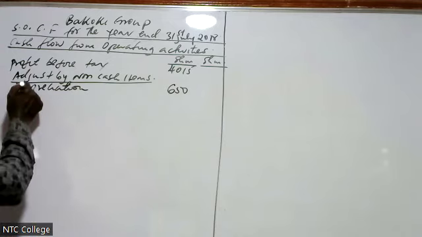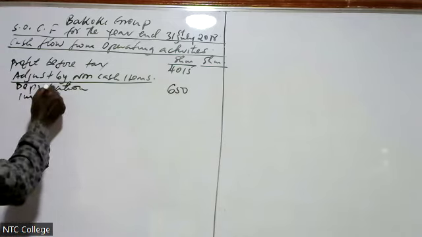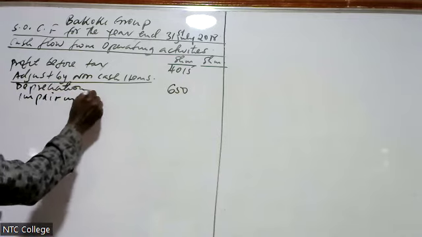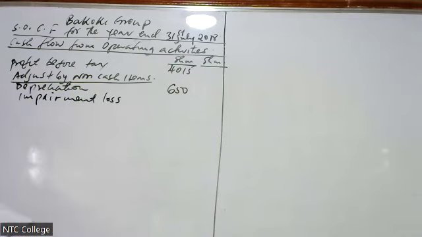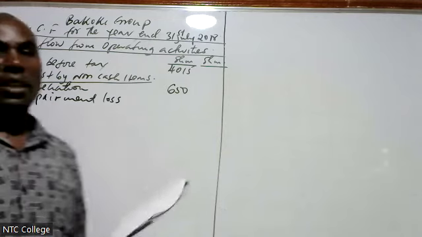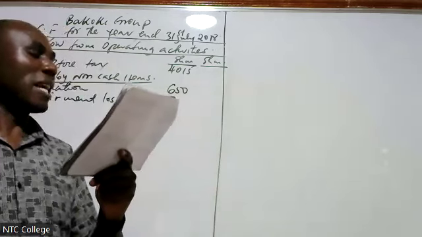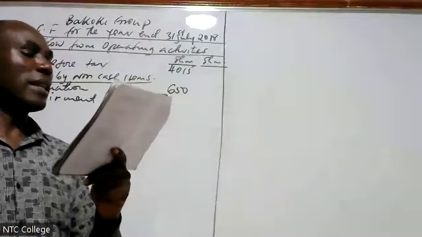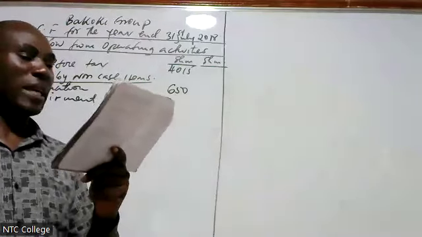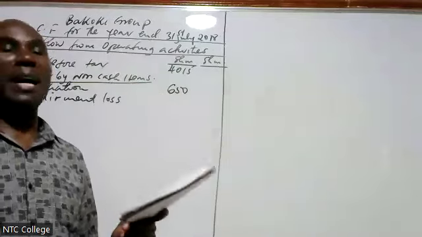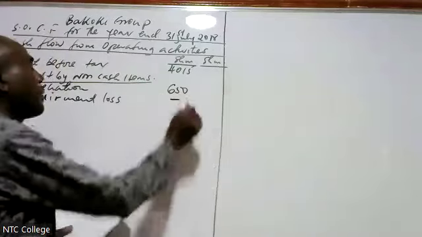Then we come to item number 2, which is impairment loss. Now, for impairment, you compare goodwill. Therefore, we go to our balance sheet. Is there goodwill? There is no goodwill to compare. Therefore, it means that I don't have impairment.